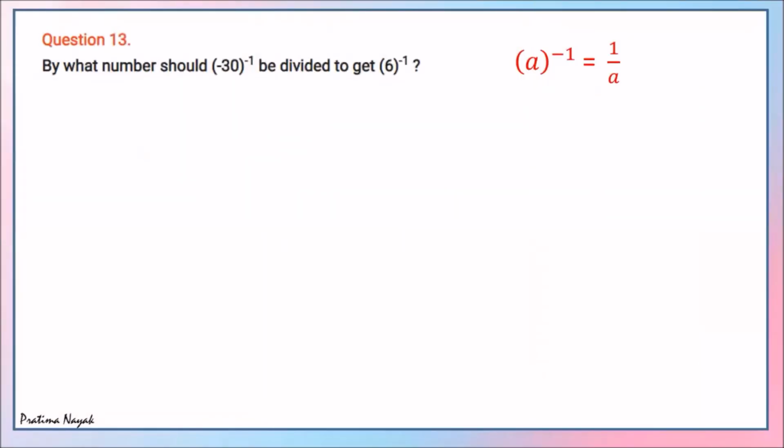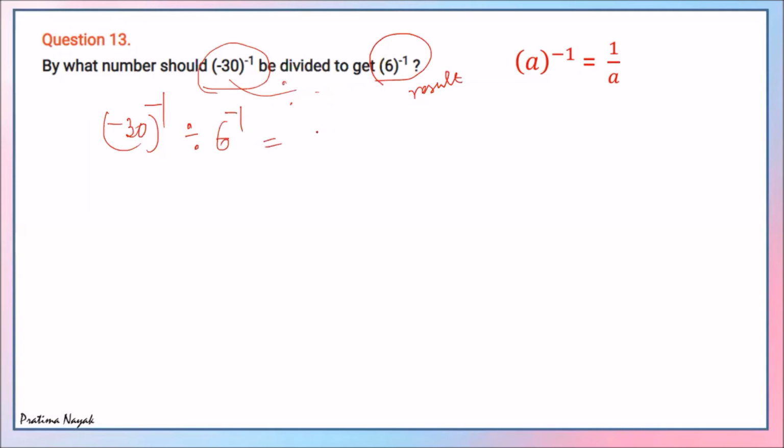By what number should (-30)^-1 be divided to get this? This will be the result after the division. By what number will we divide to get this? This is the same meaning. So I'll write (-30)^-1 divided by 6^-1.